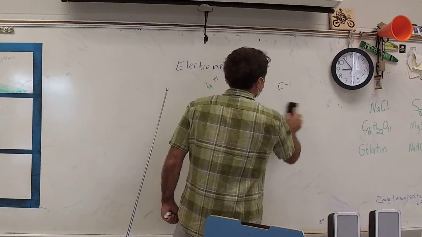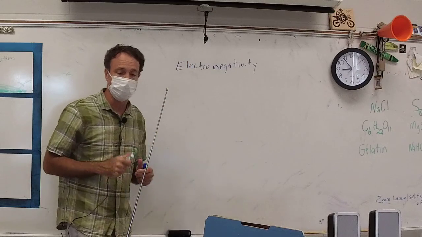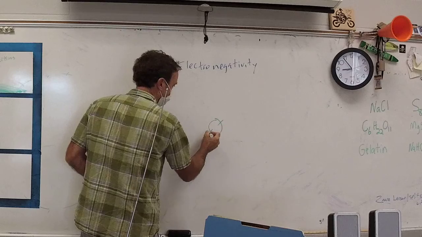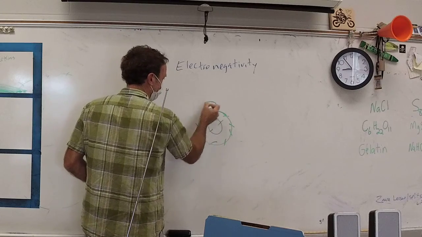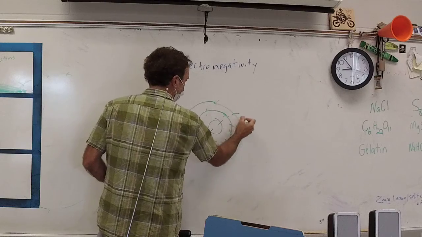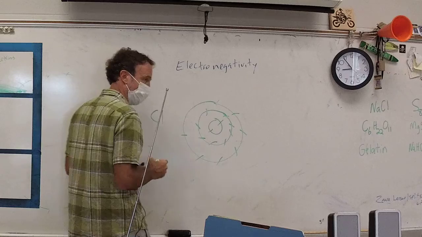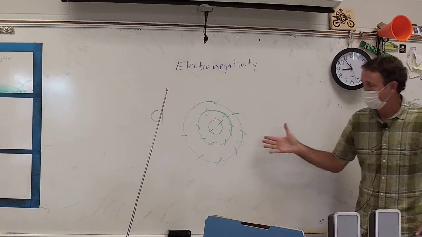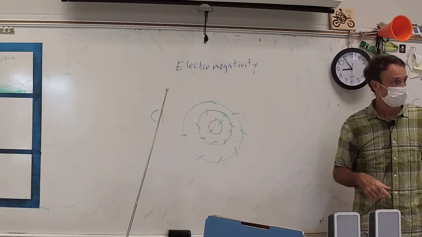I'll draw you another atom, and you tell me if it's more or less electronegative than fluorine. All right, this is chlorine. Do you think, Maisie, do you think this would be more or less electronegative than fluorine?